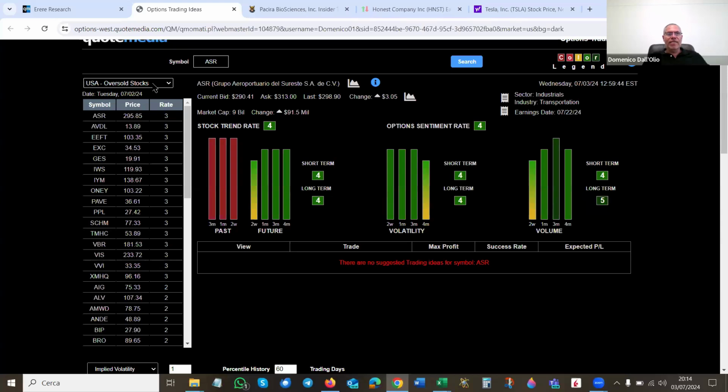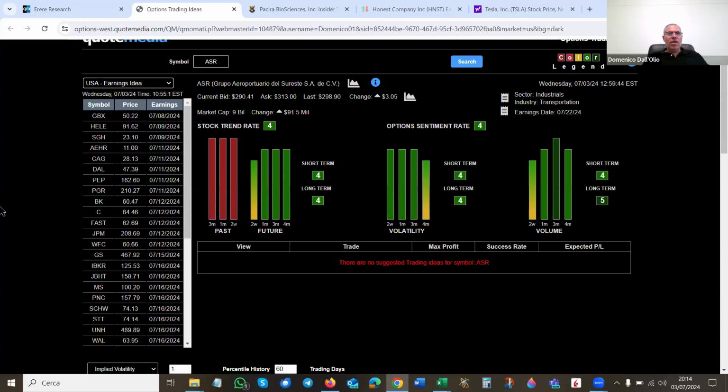Lots of underlines highlighted thanks to these pre-coded algorithms. So you pick one, I don't know, earning ideas, and you say, okay, which stocks am I interested in? This is the week, mostly the month of the banks.